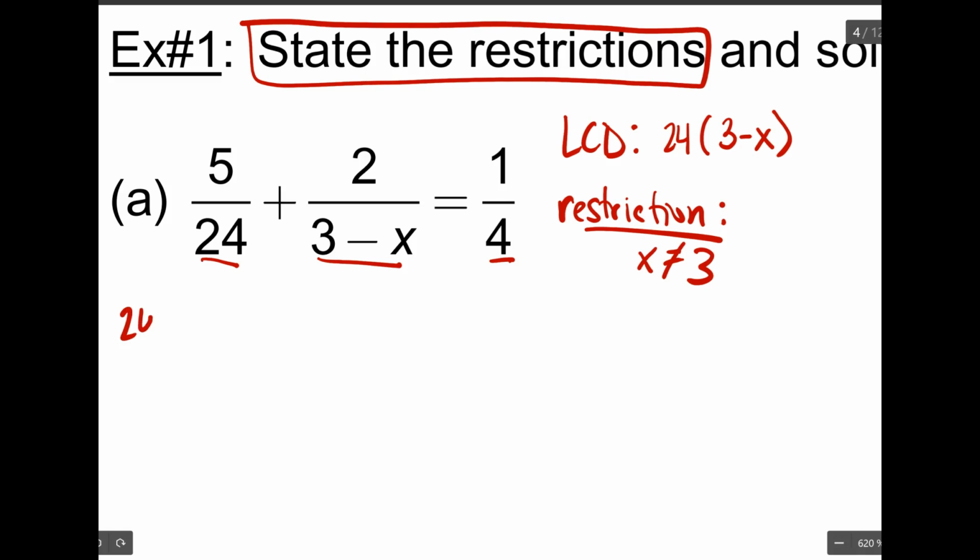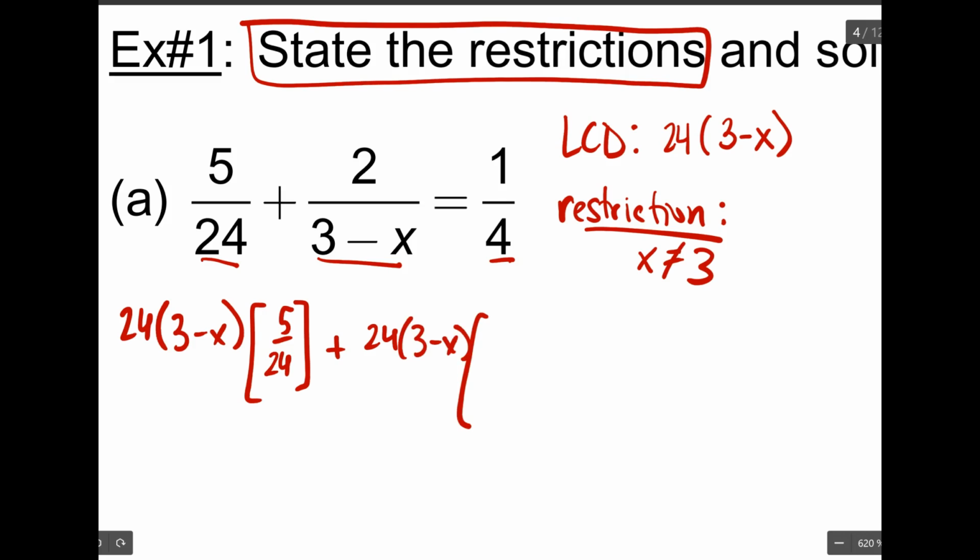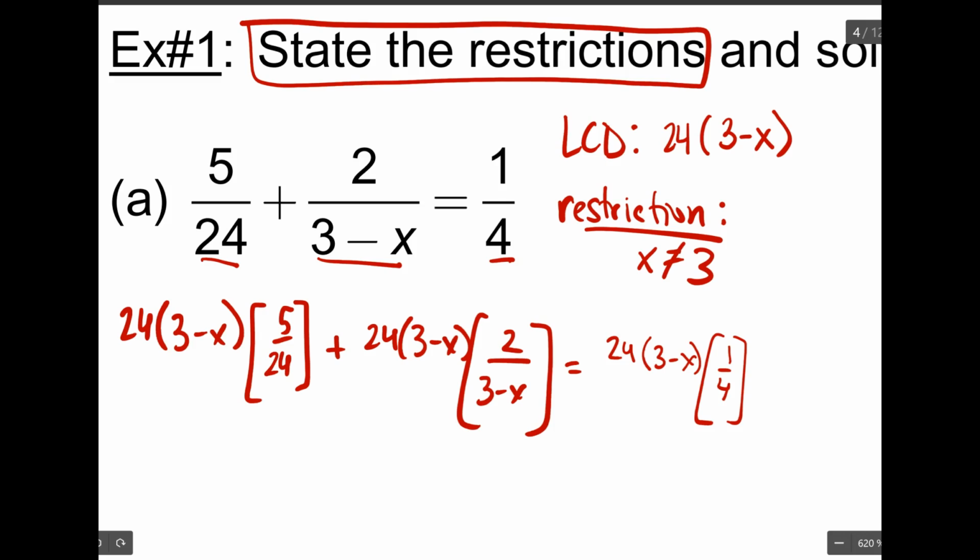So I have 24 times 3 minus x times 5 over 24, plus 24 times 3 minus x times 2 over 3 minus x, equals 24 times 3 minus x times 1/4.